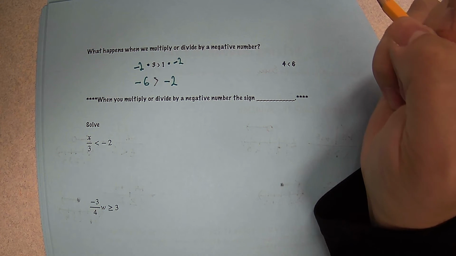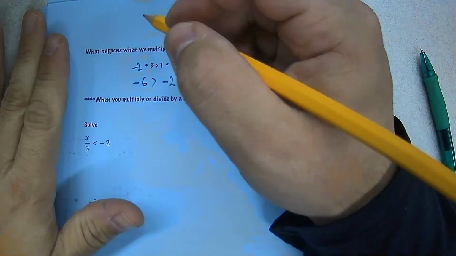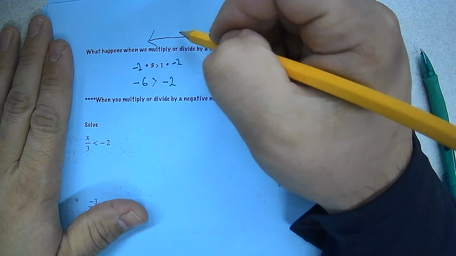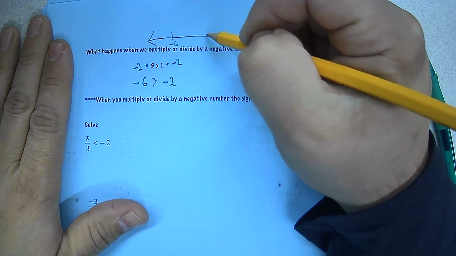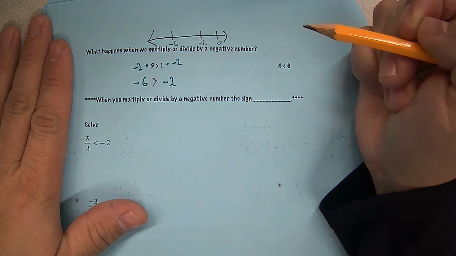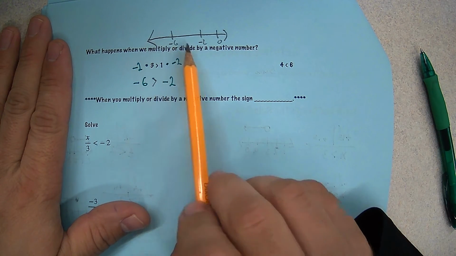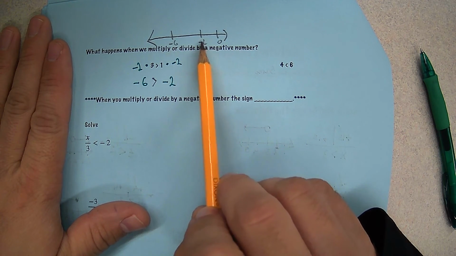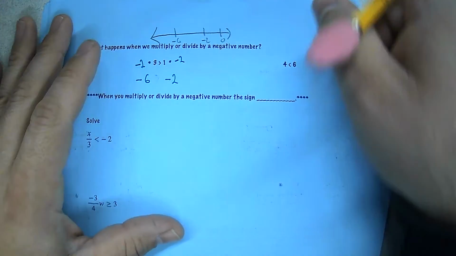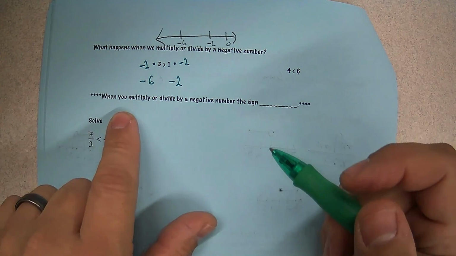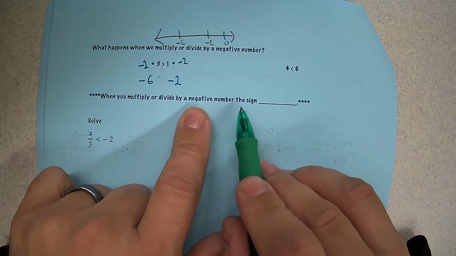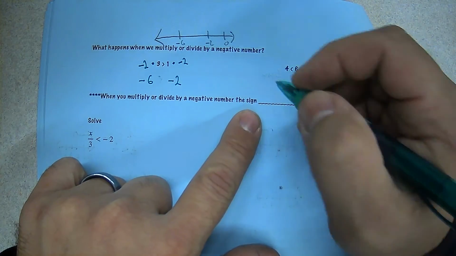Well, that's not true. If I have a number line, negative 6 is down here, negative 2 is here, 0 is maybe there. So negative 6 is not greater than negative 2, it's less than. So what happens when we multiply, or divide, by a negative number, the sign flips.